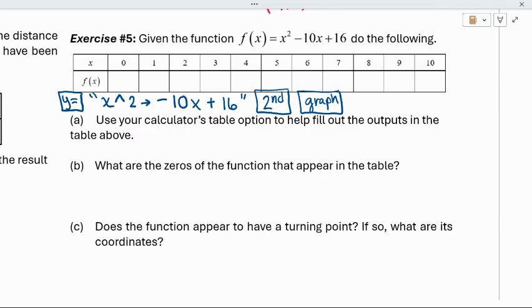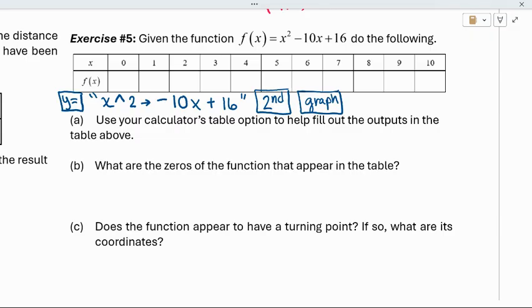Second graph. Y equals x caret 2, arrow, minus 10x plus 16. Second graph.